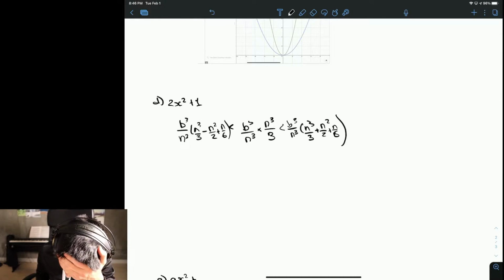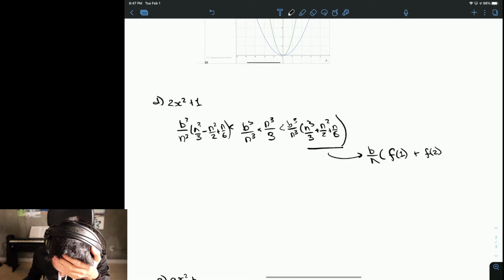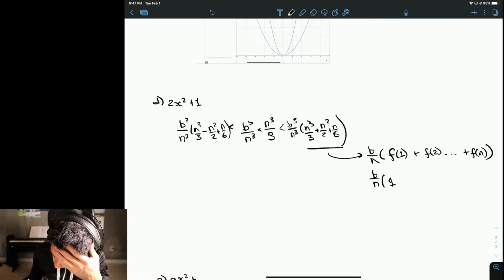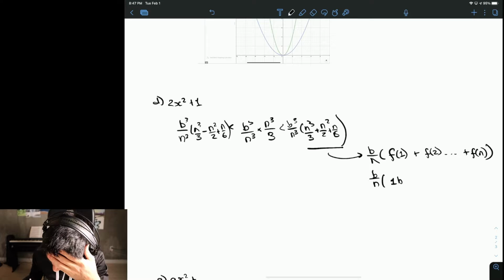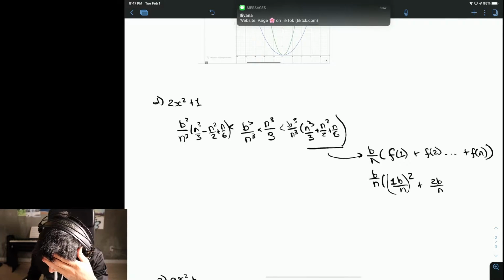So again, this came from factoring out a long form representation of b over n times f of 1 plus f of 2 and so on up to f of n, where f of n in this case was 1 squared by b over n squared plus 2 b over n squared and so forth.